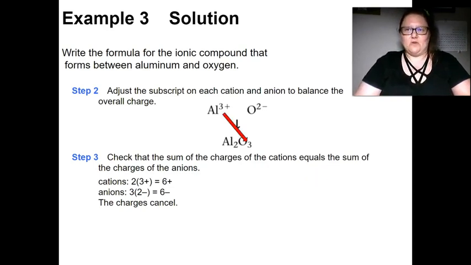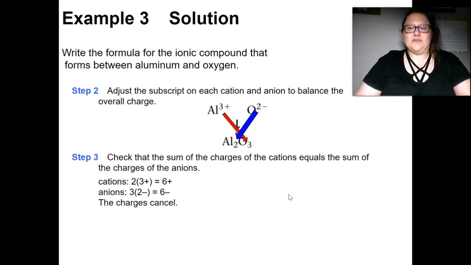When you've written your ions, you take the absolute value, just the number. So aluminum has a +3. That 3 will travel away from the aluminum, and it becomes a subscript down low after that other element, in this case oxygen. So aluminum's 3 becomes 3 oxygen atoms.